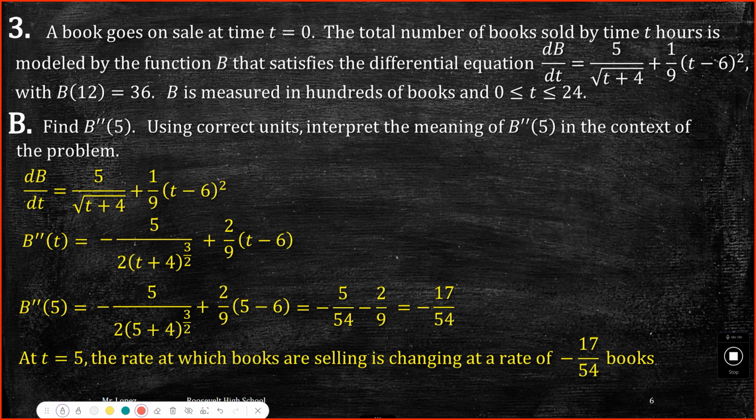At t equal to 5, the rate at which books are selling is changing at a rate of negative 17 over 54 books. The key here is to say the rate of a rate, you're describing the rate. Same as problem number 2 in interpreting. That is it for today.